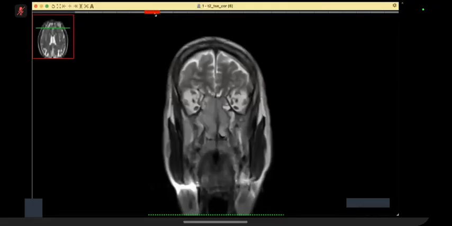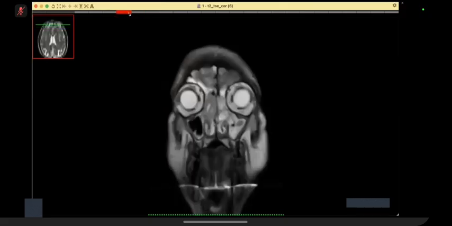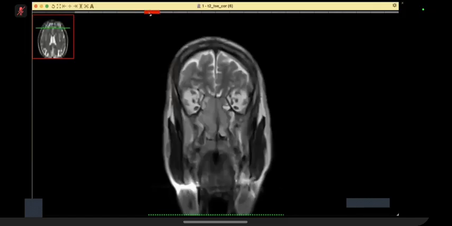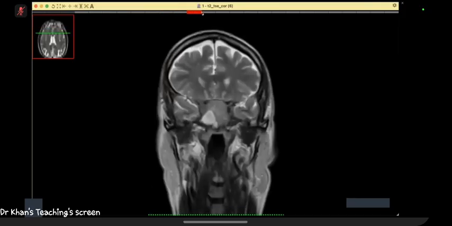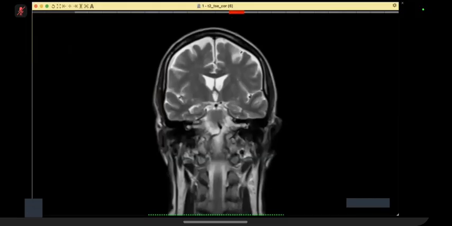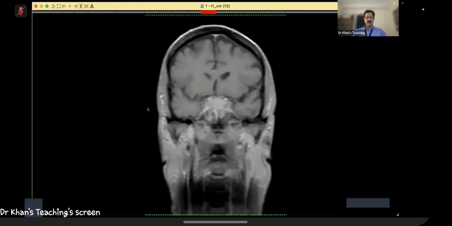It is causing obliteration of the OMUs and their expansion. I would also want to look at the contrast enhanced images. Leave the mouse, I'll give you contrast. Over to you. Okay.